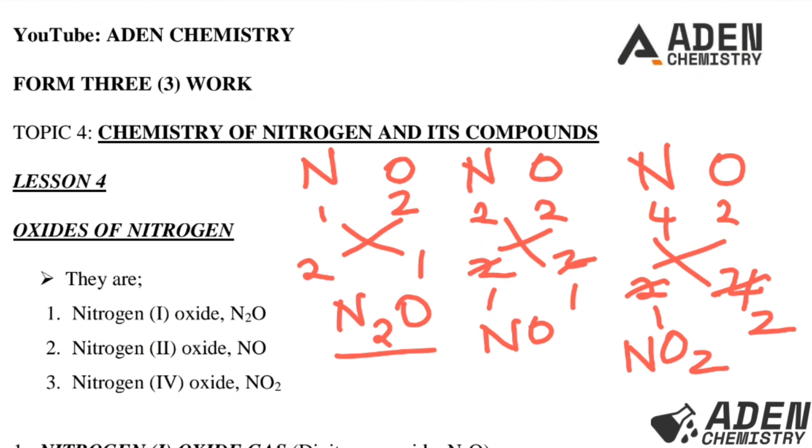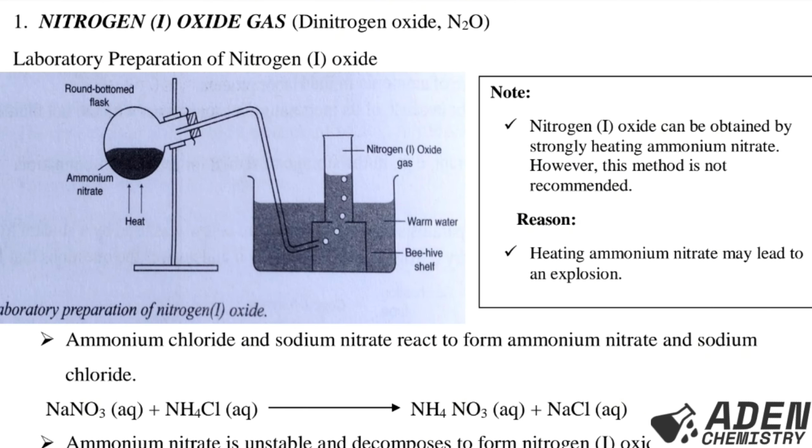That's why the other name of nitrogen 4 oxide is nitrogen dioxide. So we go to the first oxide of nitrogen, which is nitrogen 1 oxide gas. And the other name of nitrogen 1 oxide gas, we said, is dinitrogen oxide, and its chemical formula is N2O.